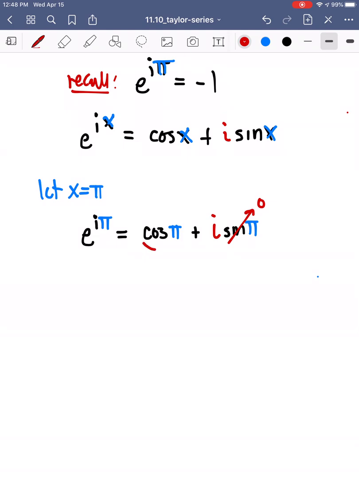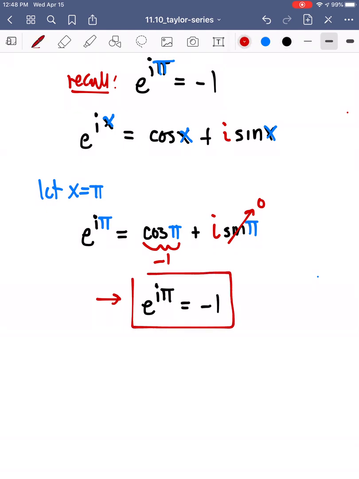And the cosine of pi, that's equal to minus 1. So therefore, we have that e to the i pi is equal to -1. And we were able to prove this relationship, which is one of the 10 most famous equations in mathematics, using Taylor series.